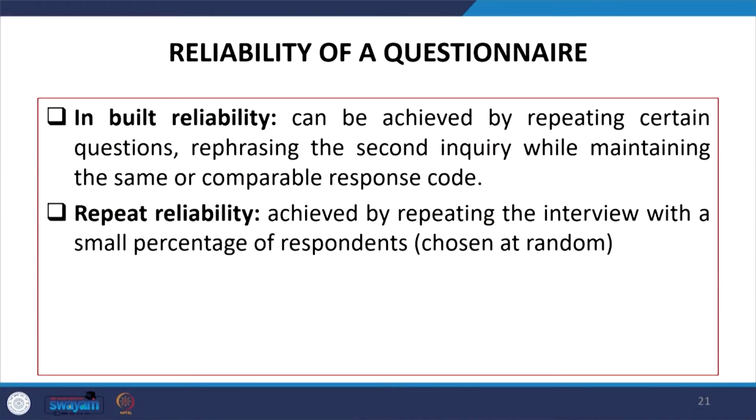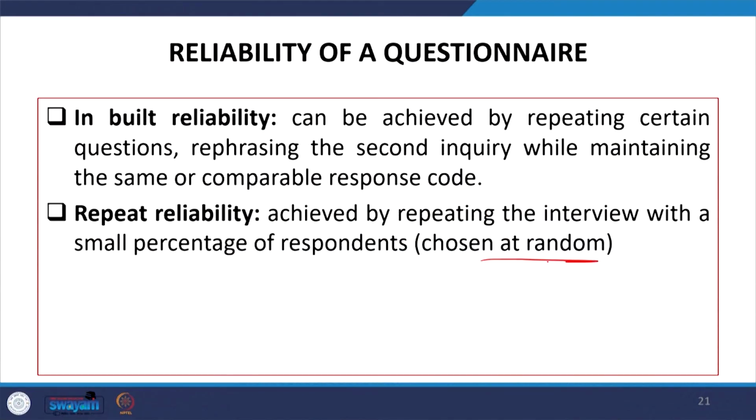Inbuilt reliability can be achieved by repeating certain questions. Okay, some questions you repeat and rephrase the second inquiry while maintaining the same or comparable response code. The response codes are the same, but we have rephrased the second inquiry to test whether it is giving the same result or not.